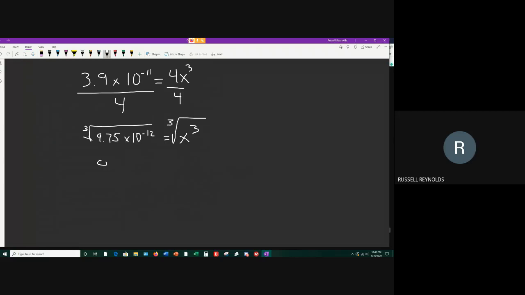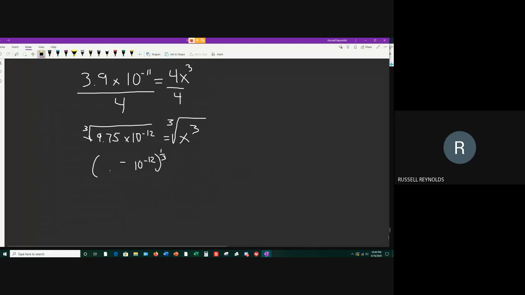So if you don't have a calculator that can do cube roots, you can also take this expression and put it to the 1/3 power. That's literally the same thing as doing the cube root, except pretty much all calculators can do this second part, and fewer calculators, although I suspect many of us have calculators, can do a cube root.